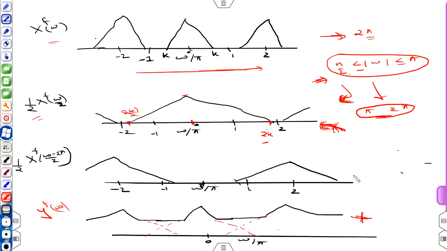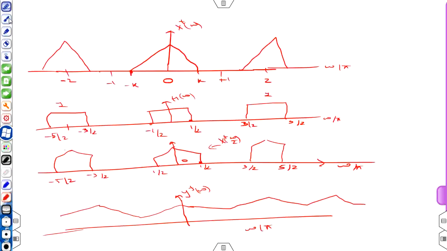Okay, and there will then be no overlapping. So the resulting spectra will be something like this.